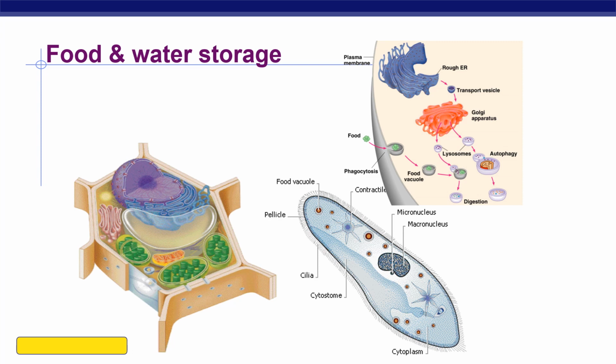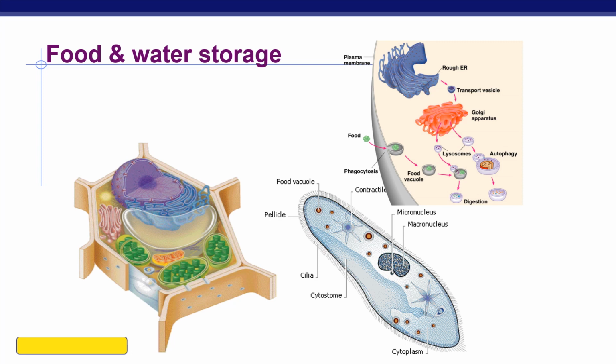Look, in the plant cell, the size of the vacuole is different from the size of the vacuole in the animal cell. As I said earlier, the vacuole serves as the storage for food and water.